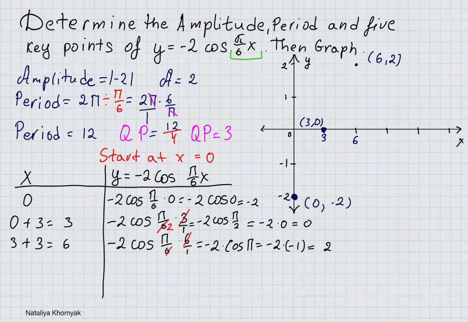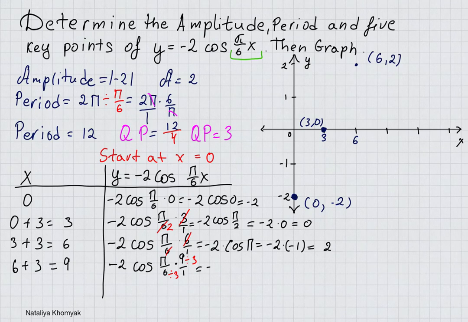The next x value will be 6 plus a quarter of the period, which is 3, equals 9. And the y value will be negative 2 cosine of pi over 6 times 9. 9 over 1. Both 6 and 9 can be divided by 3.